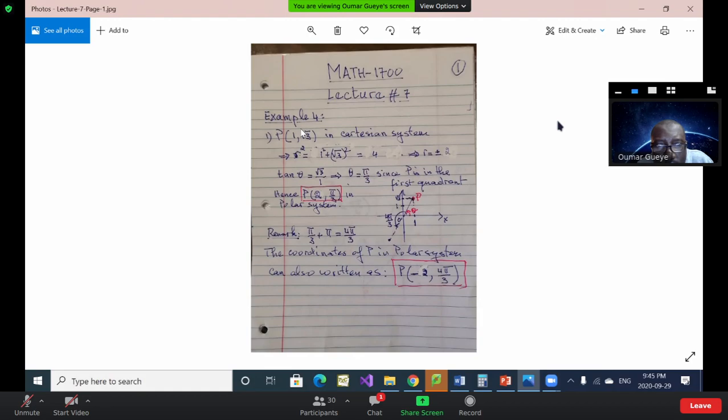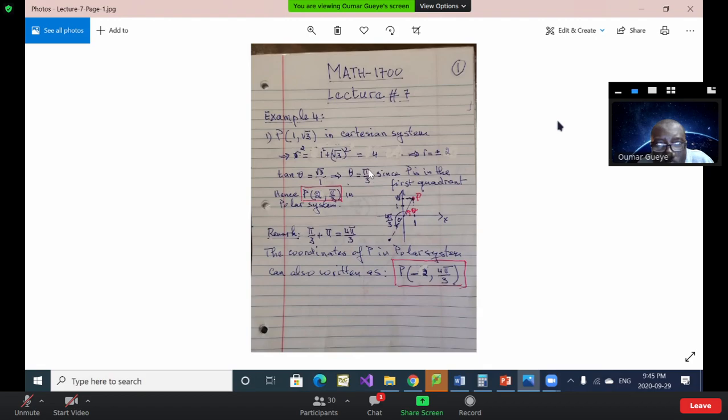Even if I use the polar system, my point should be in the first quadrant because I have two positive values. You guys can see this point is in the first quadrant. x is equal to 1, y equal to √3. My point is here, first quadrant.